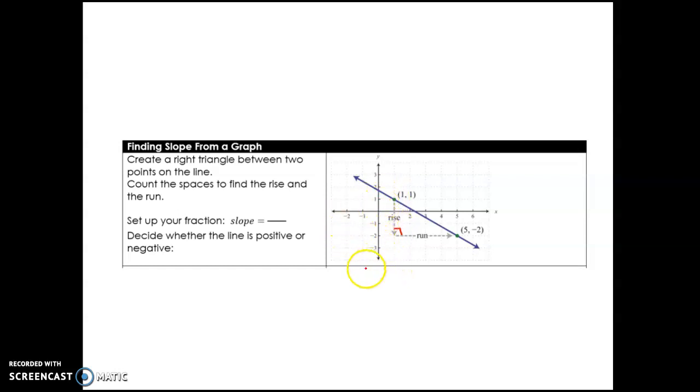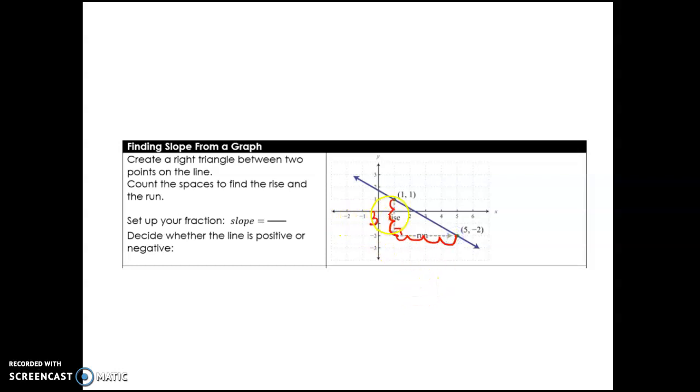And we're going to count the spaces to find the rise over the run. So we are going to rise down 1, 2, 3. And we're going to run 1, 2, 3, 4.